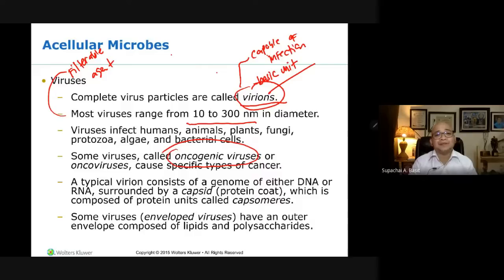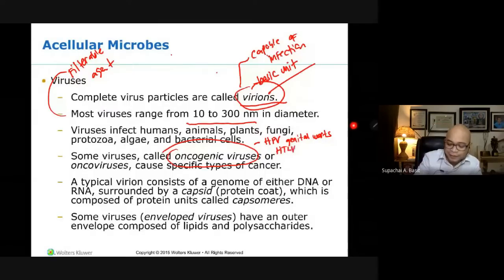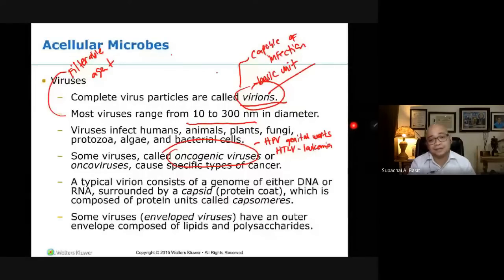An example of that is HPV, human papilloma virus, particularly the one that can cause genital warts, or HTLV, human T lymphotropic virus, which can cause leukemia, for example.